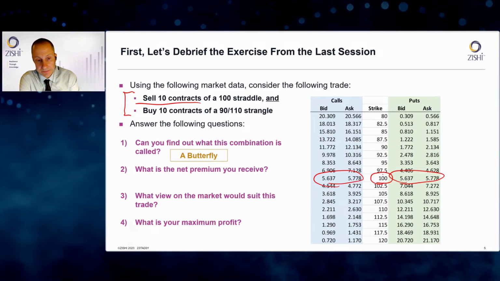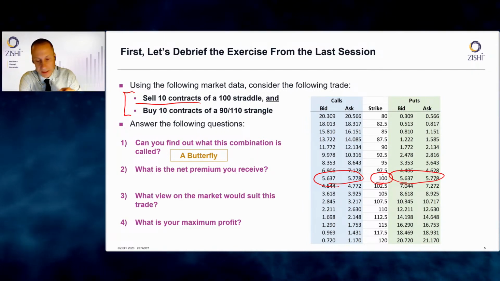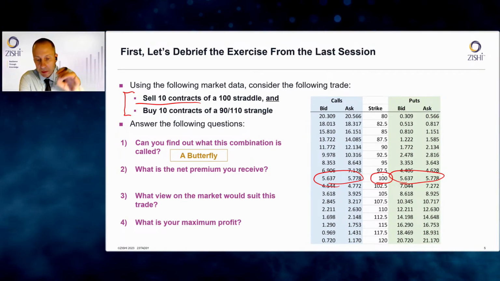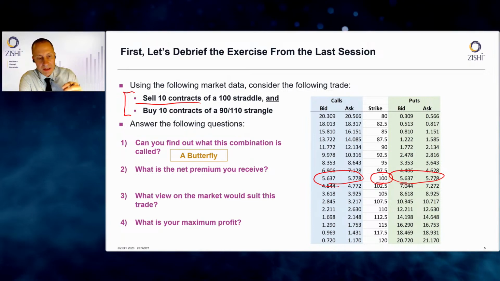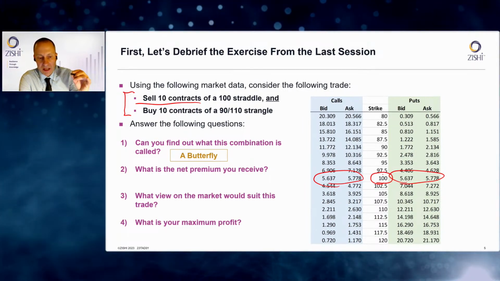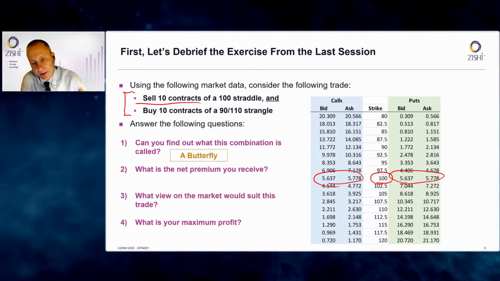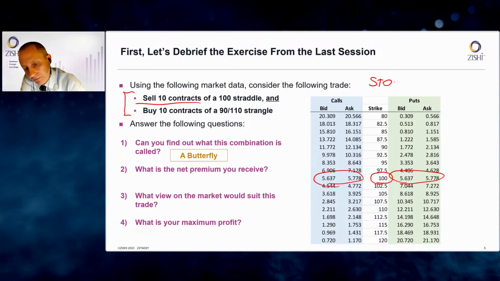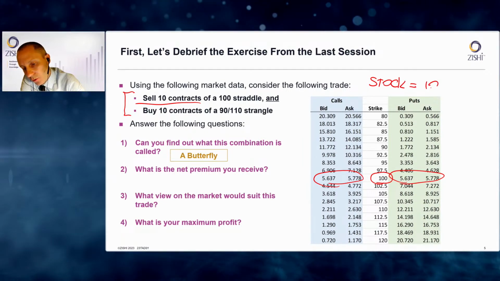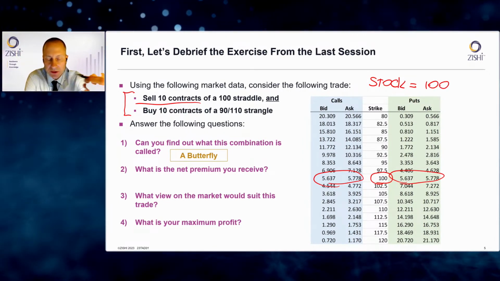One interesting thing is that the prices are the same, regardless of whether we're pricing puts or calls, and that's very common when we have an at-the-money option. Here, my stock price is 100, so the 100 call and the 100 put are at the money.